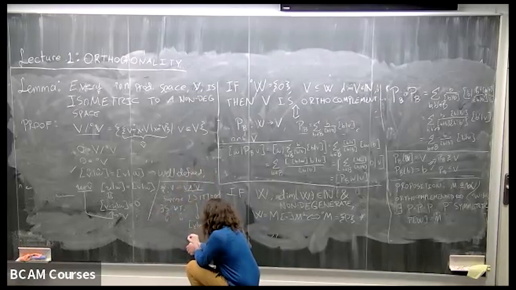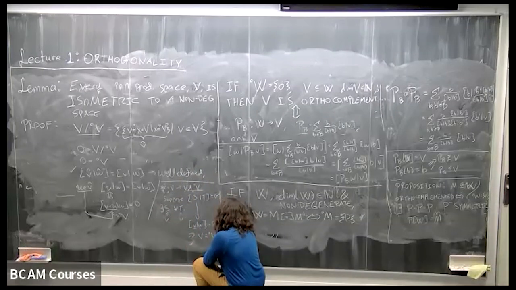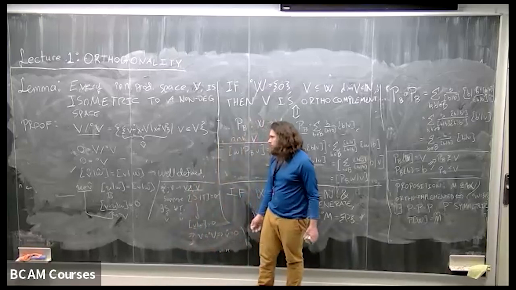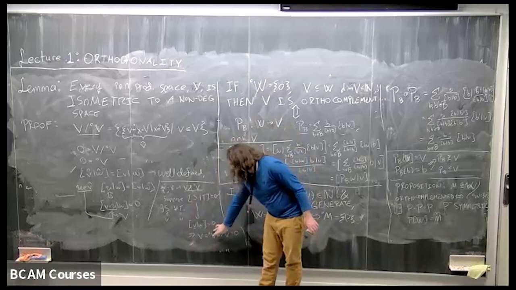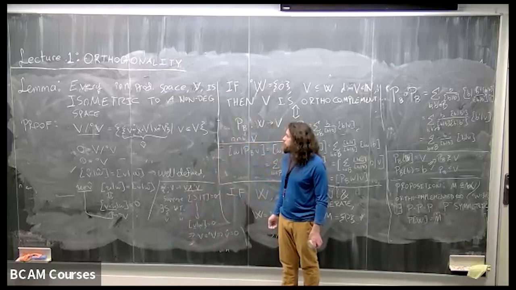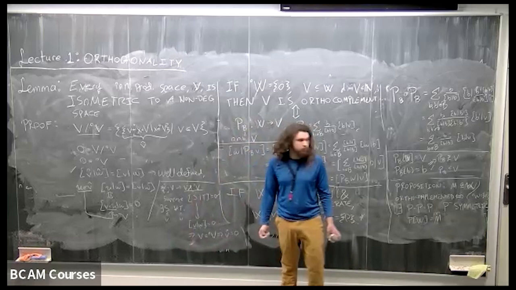What does that mean? That means that V is an isotropic vector, and what that means is that V hat is 0. Because I established the 0 vector is just this. So this completes the proof. Every inner product space is isometric to a non-degenerate one.